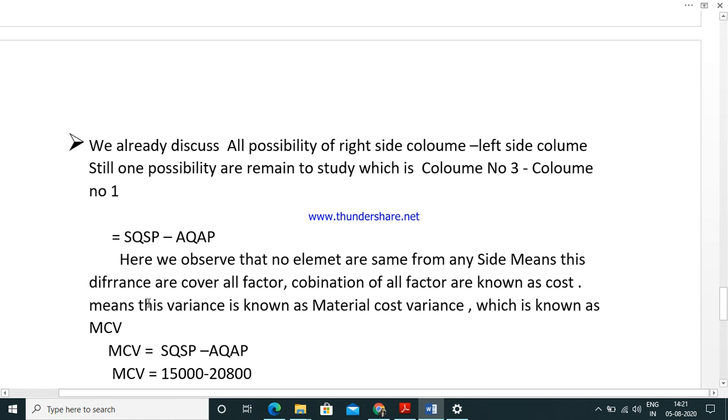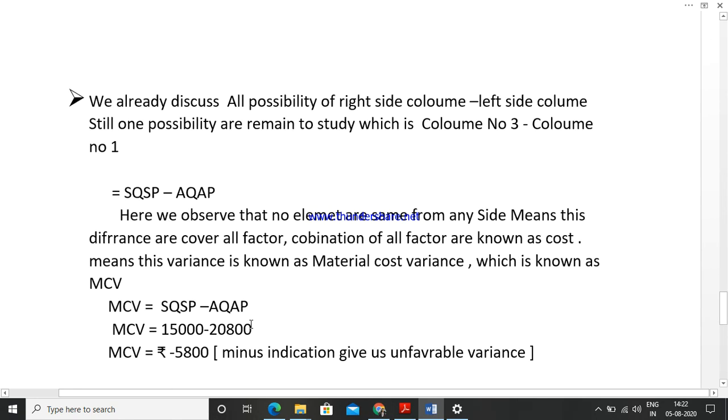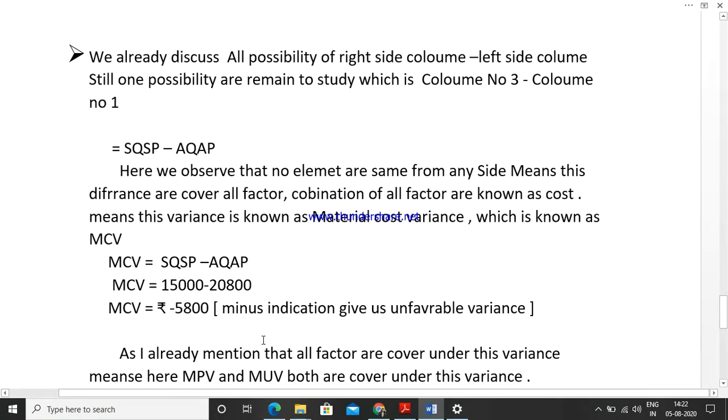Combination of all factors is known as cost, means this variance is known as material cost variance, MCV. MCV is equal to SQSP minus AQAP. MCV is equal to 15,000 minus 20,800. Here we get 5,800 minus. Again, minus indicates an unfavorable variance.